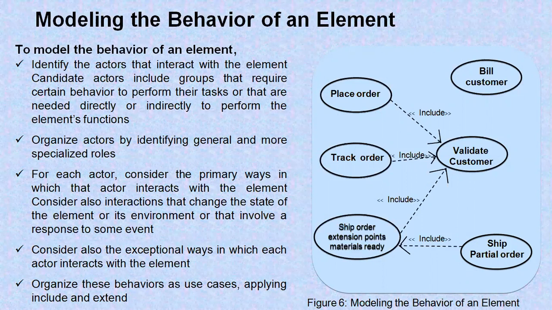And for each actor, we need to consider the primary ways in which the actor interacts with the element. We also need to consider the interactions that change the state of the element or its environment, or that involve a response to some event.